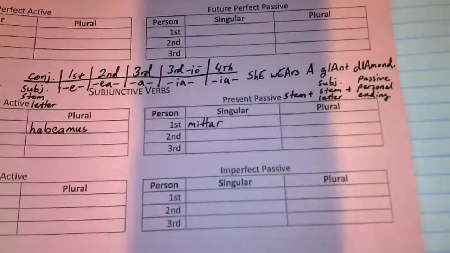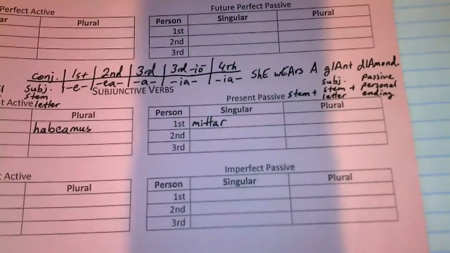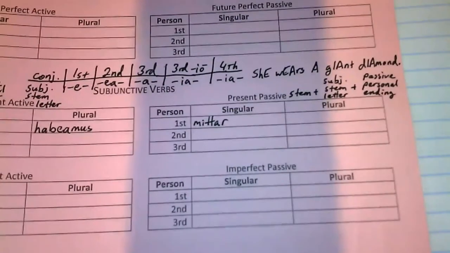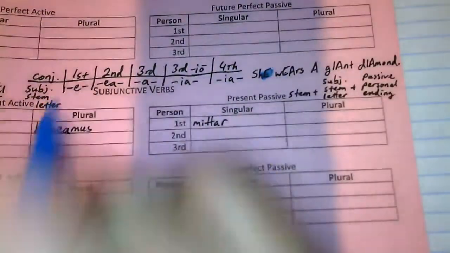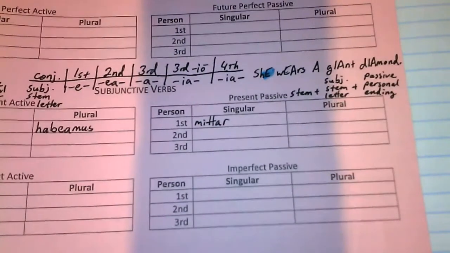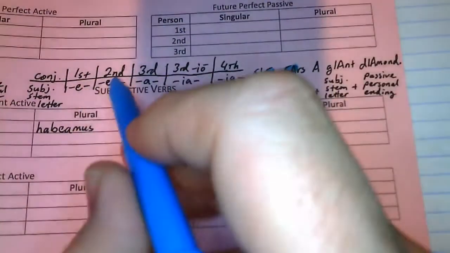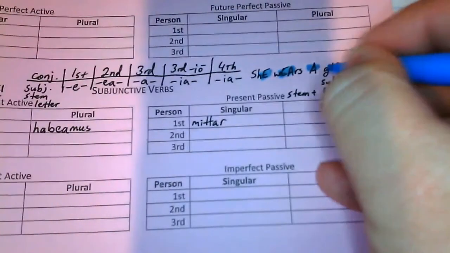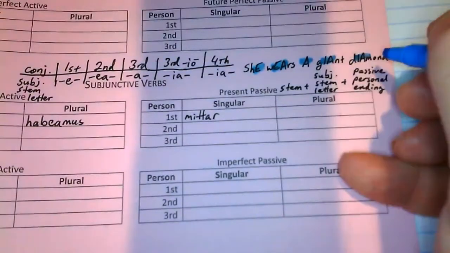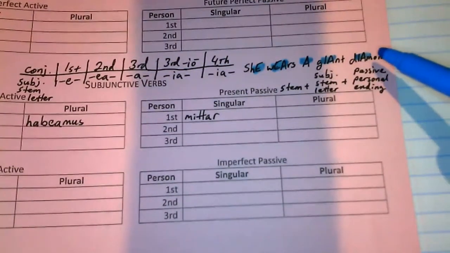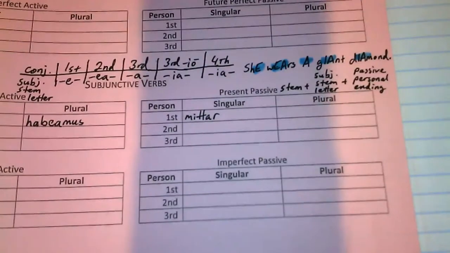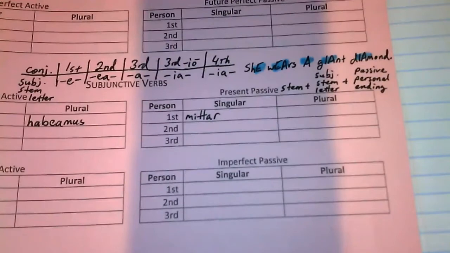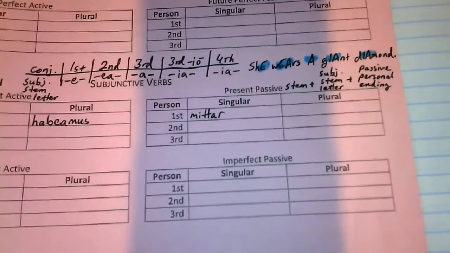My preferred one is: she wears a giant diamond. When you see this phrase, all you're doing is looking at the vowels in order.